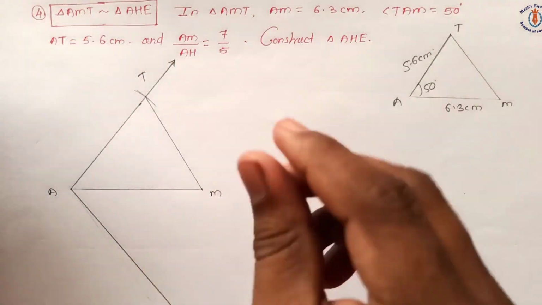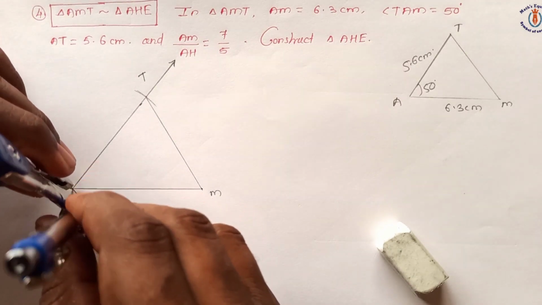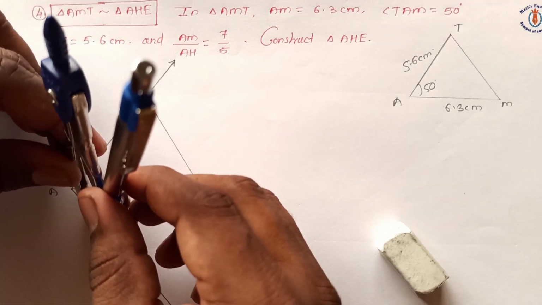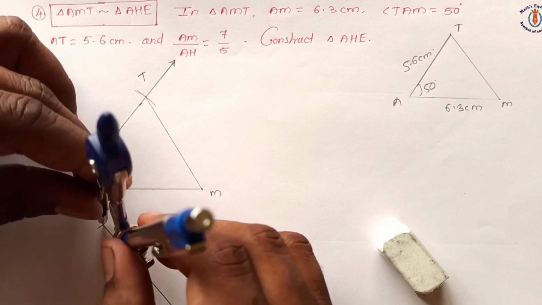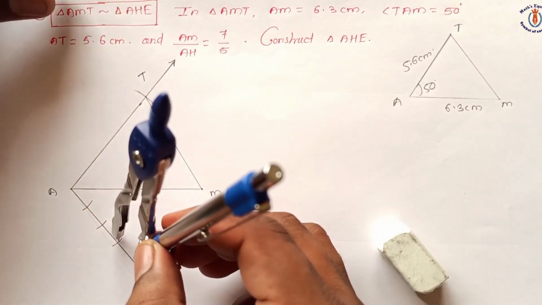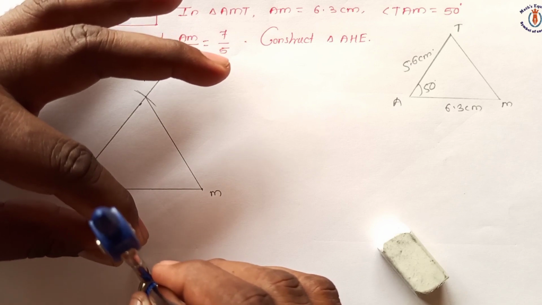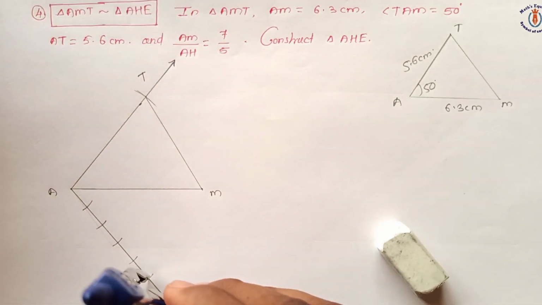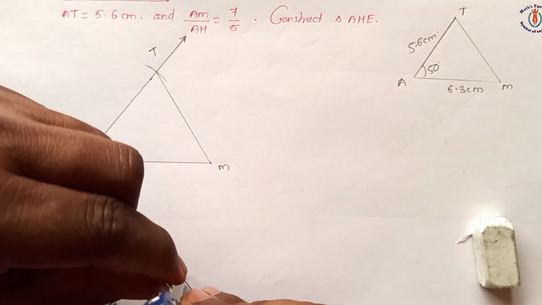Okay, now hold this compass on a point A, make one arc. Look at the first one, this one is the first arc. Now hold this compass on the first arc, second arc is here. Similarly you can construct this one, third. Now hold again here, this is the fourth, this is the fifth, sixth and seventh one.